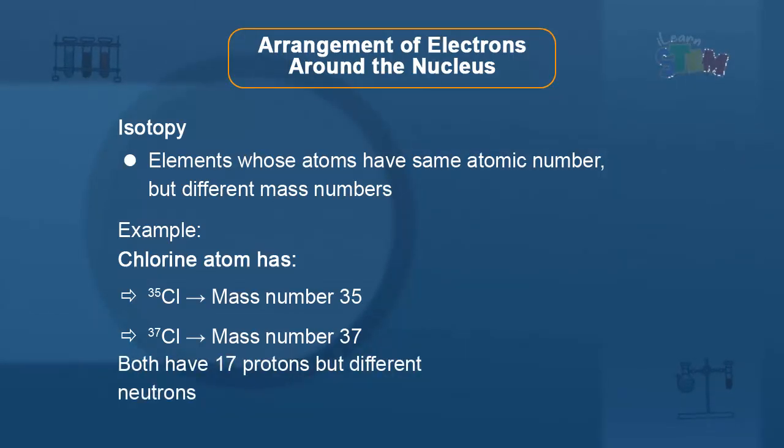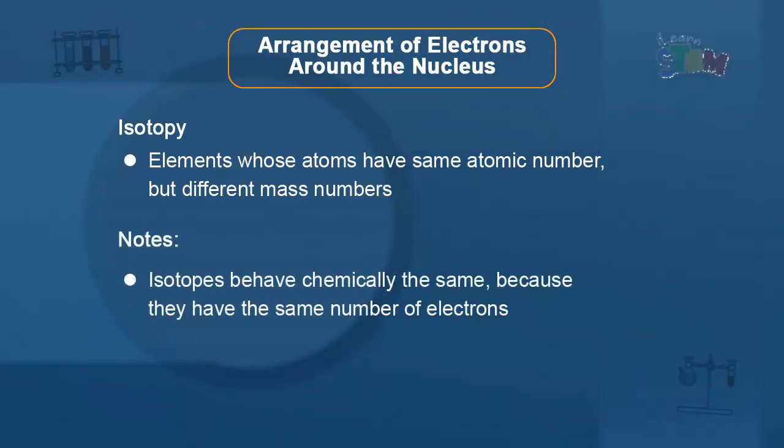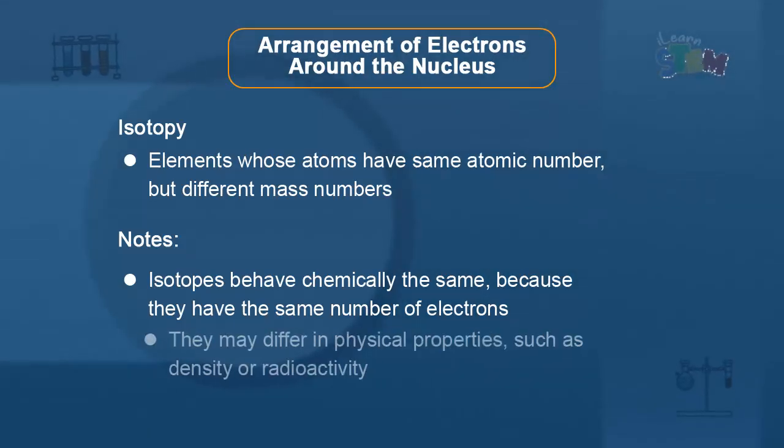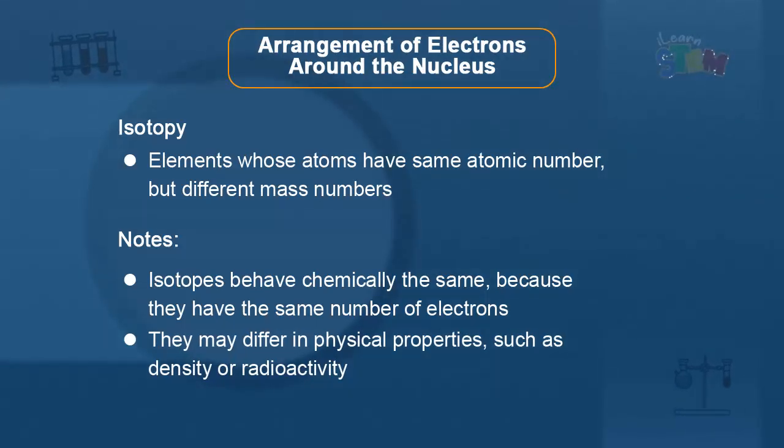Both chlorine 35 and chlorine 37 have 17 protons, but the number of neutrons is different, and that is what changes their mass number. Even though isotopes have different masses, they behave chemically the same, because they have the same number of electrons. However, some of their physical properties may be different. They may have different densities, or one may be radioactive while the other is not.